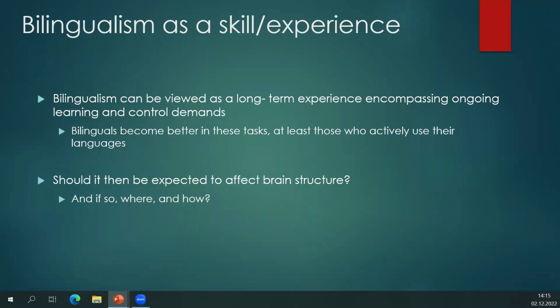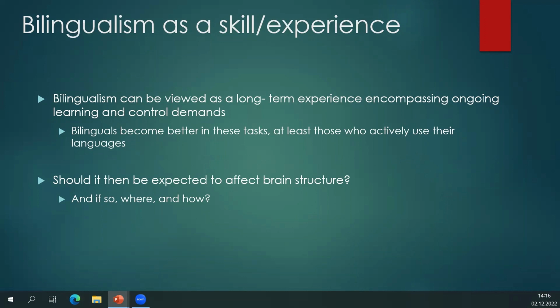And before we forget why we're here, let's turn back to bilingualism as a skill, as an experience. There isn't a lot of disagreement or controversy suggesting that bilingualism is a long-term experience, which encompasses ongoing learning demands, but most importantly, ongoing control demands.